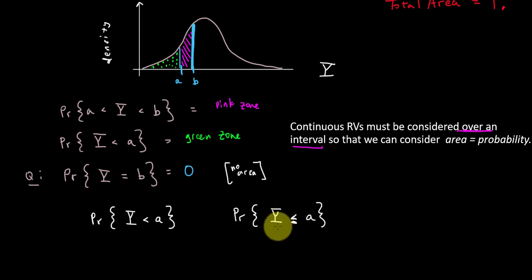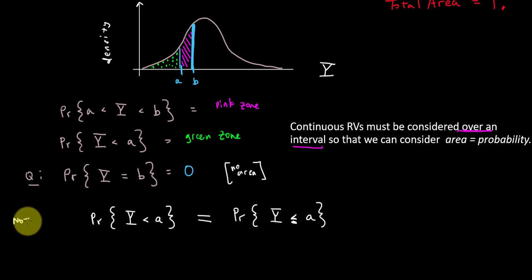And this would include the one additional point of A. On the left here, this is less than A, so it does not include A, this includes A. But the probability of exactly A is 0.